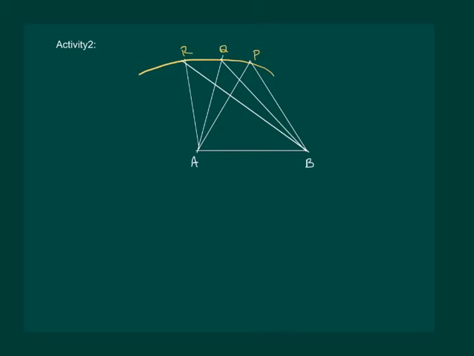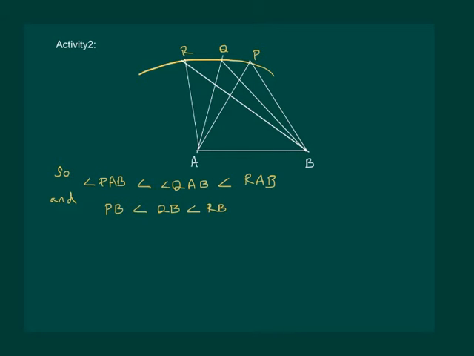Observe that as we move from P to R, what is happening to angle A? Clearly, angle A is becoming larger and larger, and what is happening to the length of the opposite side? It is also getting bigger and bigger.